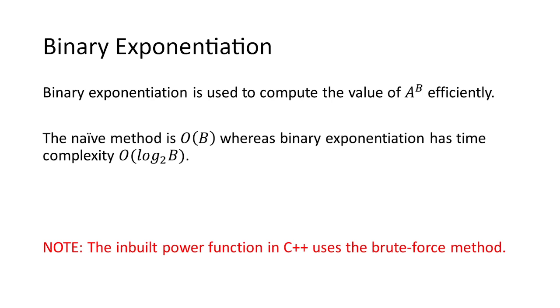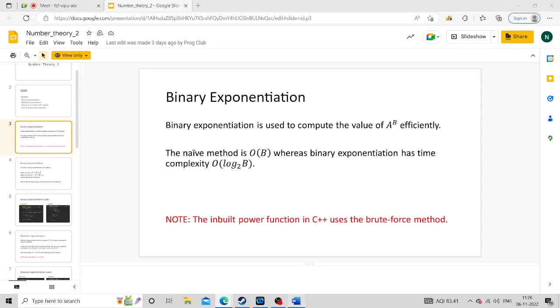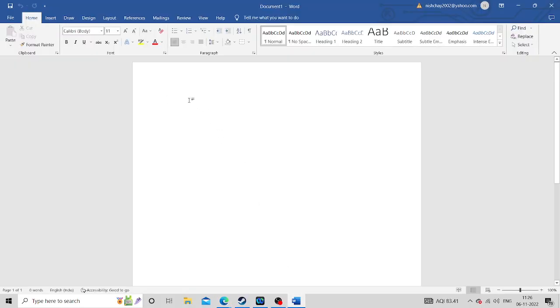You tell me the logic only, no need to write the code. What would you do exactly? Yeah, so you'll take one. Okay, I'll write the code for you. So, see, you'll take a variable answer equal to 1.